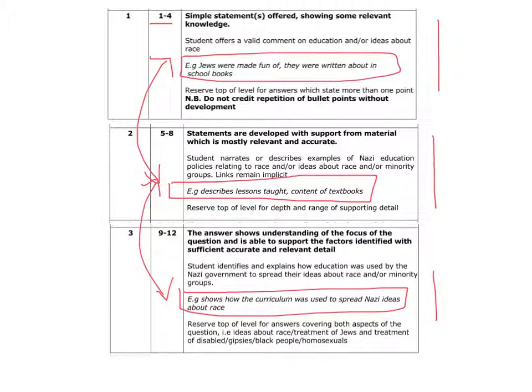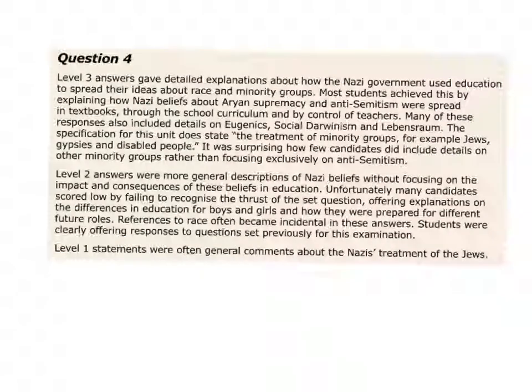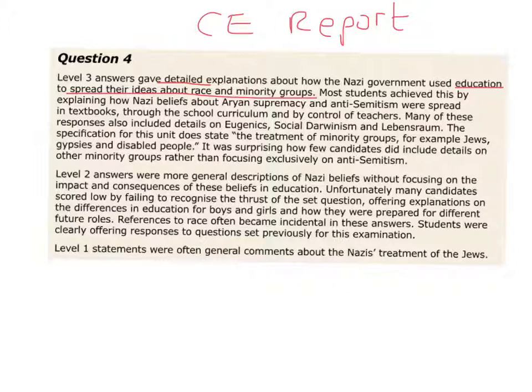Much more useful, however, is this. This is the Chief Examiner's report for June 2012. Looking at level 3, which is the better answers, it clearly highlights detailed explanation about how the Nazi government used education to spread their ideas about race and minority groups.